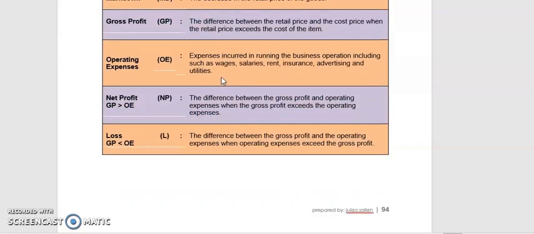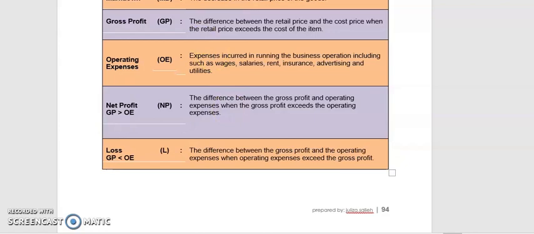Then look at net profit. Just now we have gross profit. Now look at what net profit is. Net profit is the difference between the gross profit and operating expenses when the gross profit exceeds the operating expenses. Let's say I give you an example here. Gross profit is equal to 10,000.